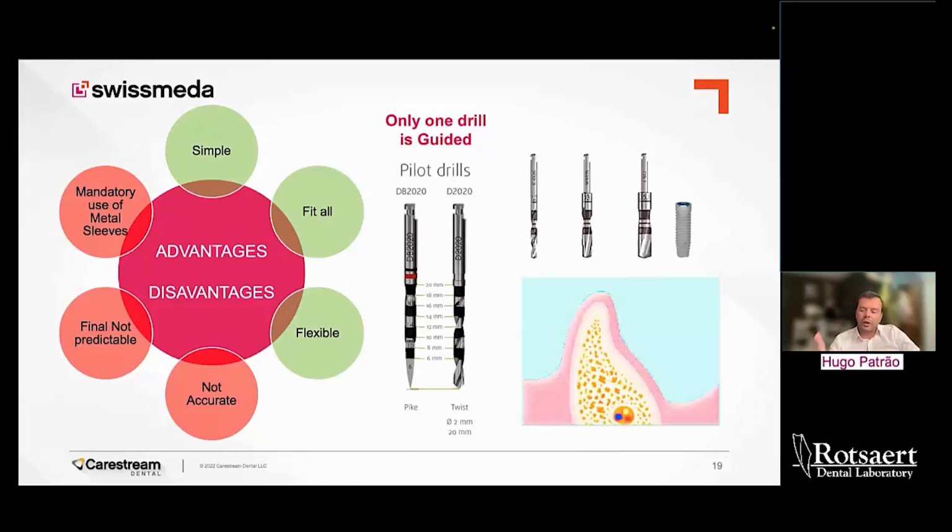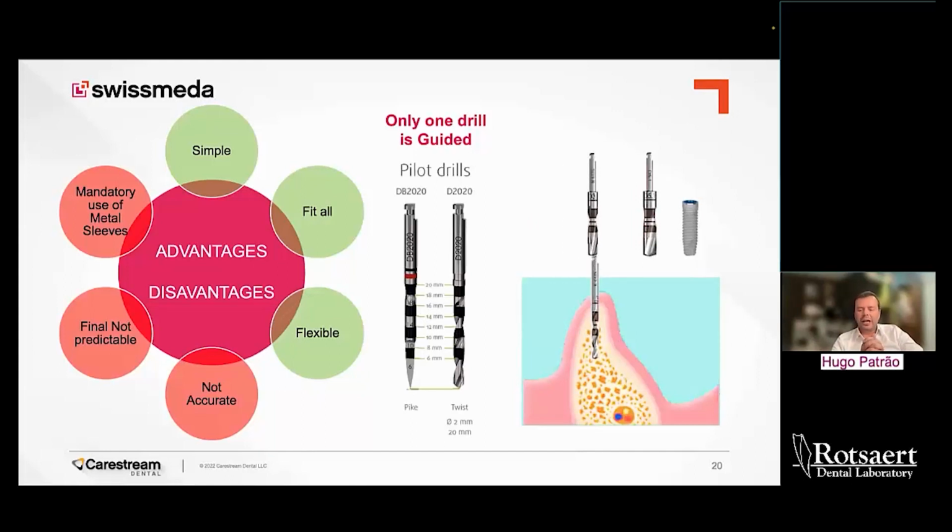So as soon as you have the drill, you have the depth and the angulation of your osteotomy controlled, and then you just use the drills to drill it. So in an ideal scenario, this is what would happen with the pilot surgery. You just go with your pilot, you have a 2 mm osteotomy, then the second drill goes in and you make the osteotomy slightly wider.